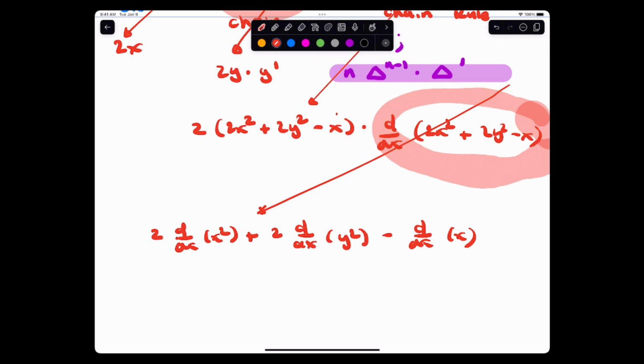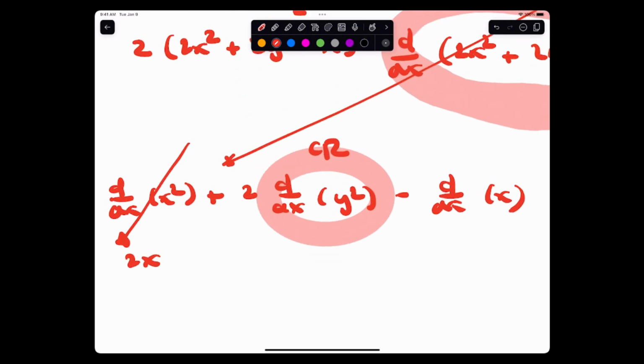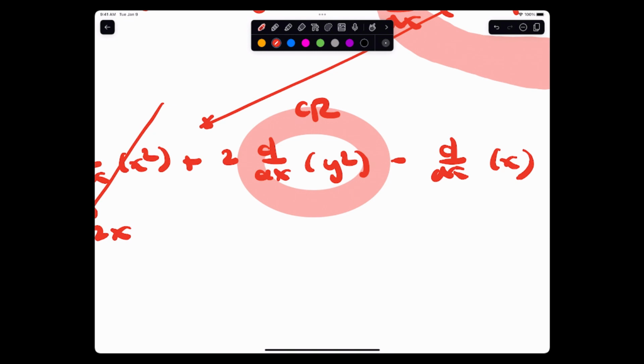So this portion gives me again 2x. This portion here, I'm going to put CR. What's that going to be? Thank you. 2y y prime. And then what is this? Isn't that 1? Okay.